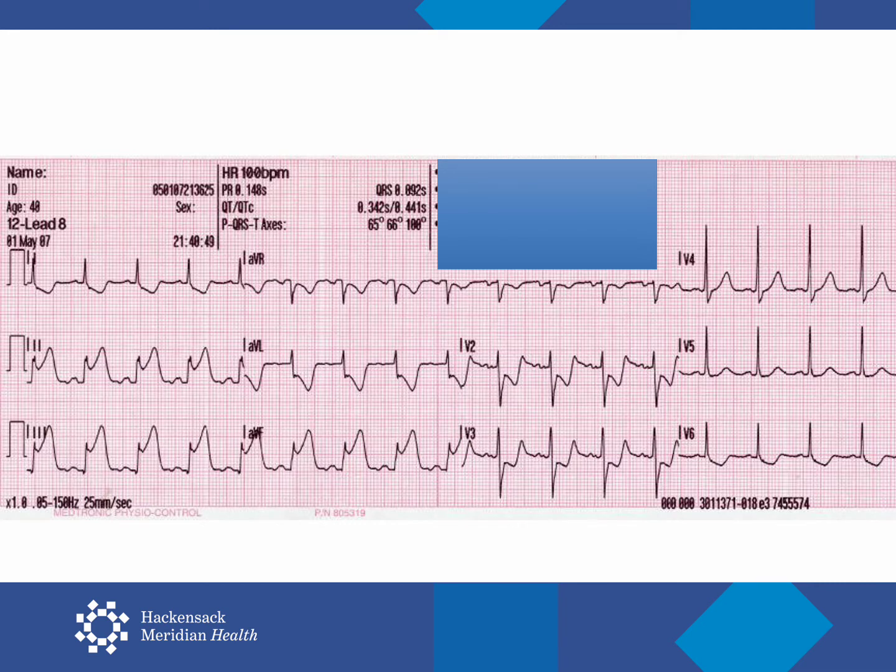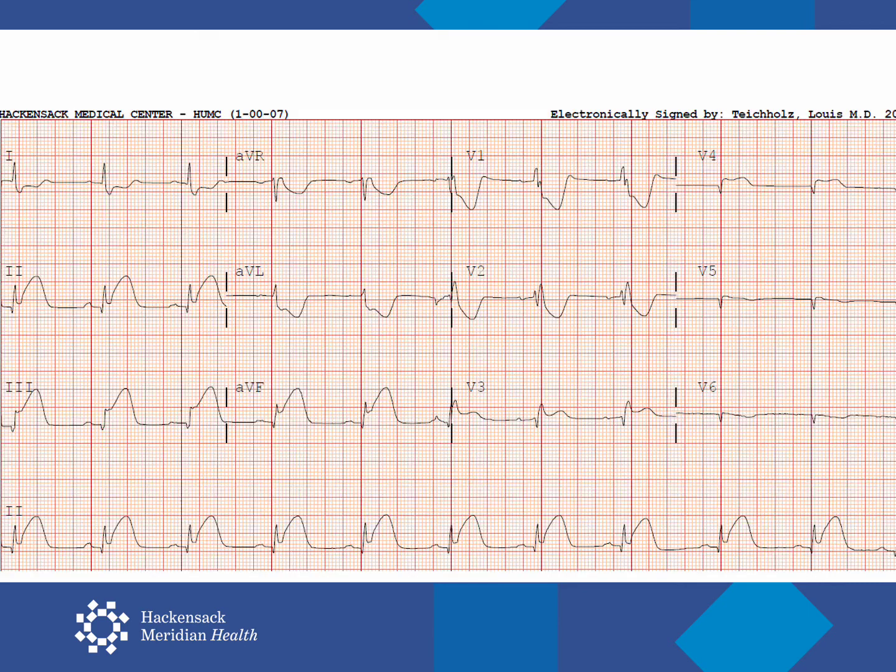And again, inferior ST segment elevation in 2, 3, and aVF, an inferior myocardial infarction. Remember, don't give nitrates, well, you already know that, in an inferior myocardial infarction. Here's another myocardial infarction with ST segment elevations in 2, 3, and aVF, the inferior leads, but you also see clear ST and T-wave inversion in V1 and V2.